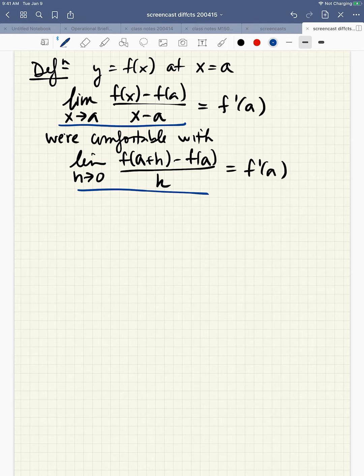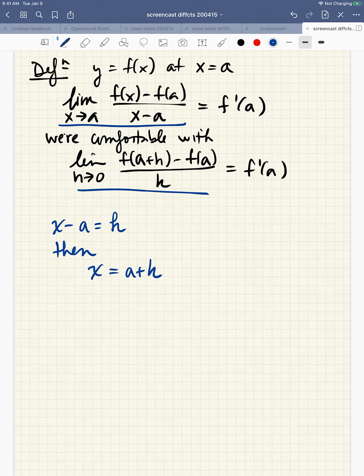So if you look at the two, look at the denominator of the difference quotient. And suppose x minus a is the same thing as h. Let's take that as a given. Everything else is going to flow from that. Then I can add a to both sides here. Then I get x equals a plus h.